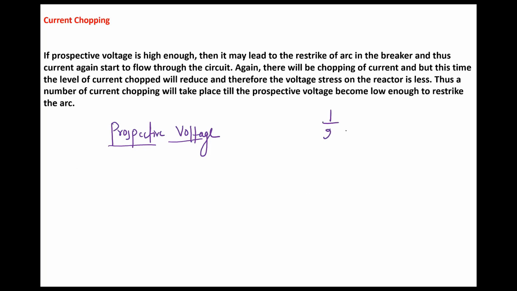Again, what is the condition? Half L I fault square equals half C V square, where V is the voltage across the circuit breaker.